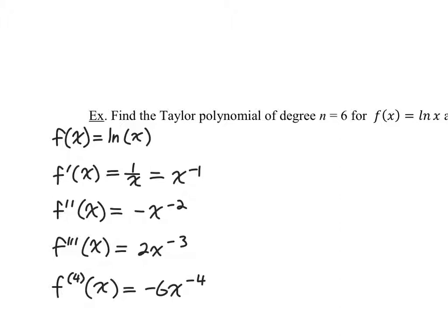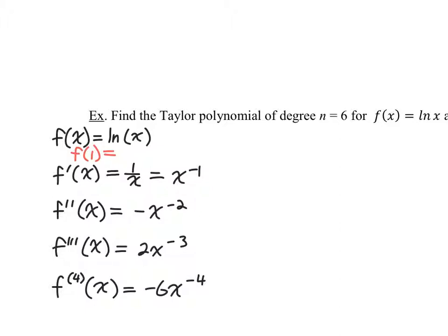But this time I want to center it around 1. And there's a very simple reason for why we would want to center it around 1. If you have a choice in the matter, most of the time you want to go with a Maclaurin polynomial, which is always centered around 0. But sometimes you want to go with a generic Taylor polynomial, because centering it around 0 is often, for transcendental functions, not the way to go.